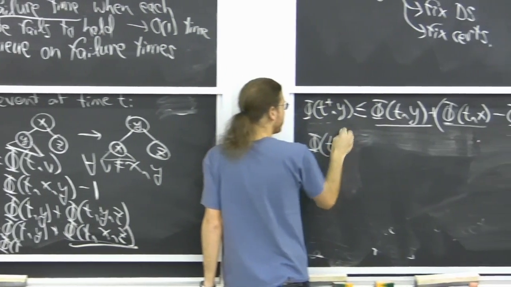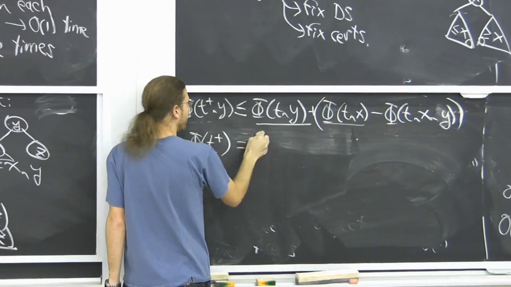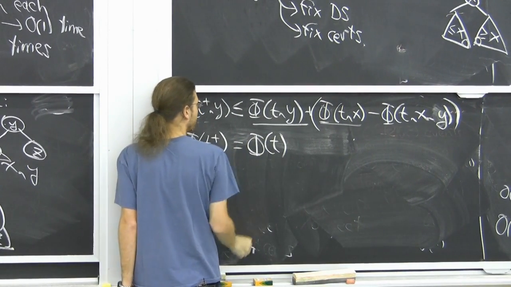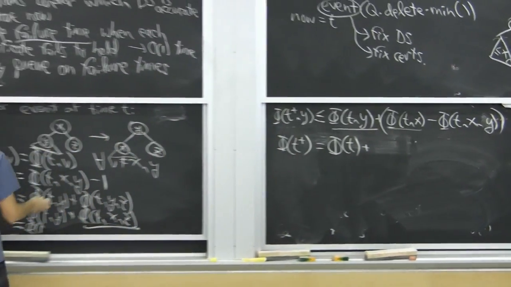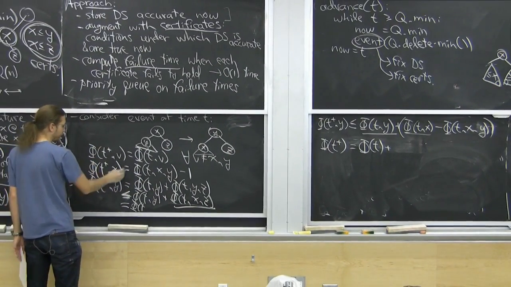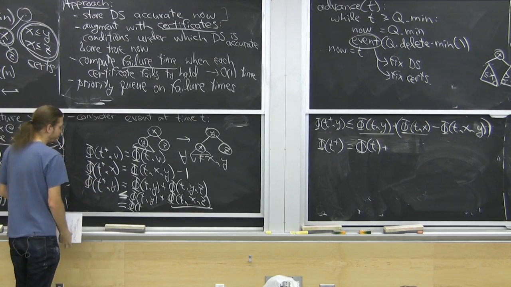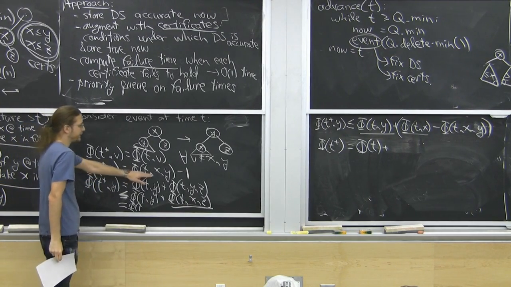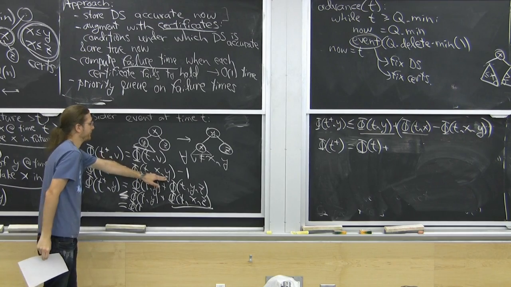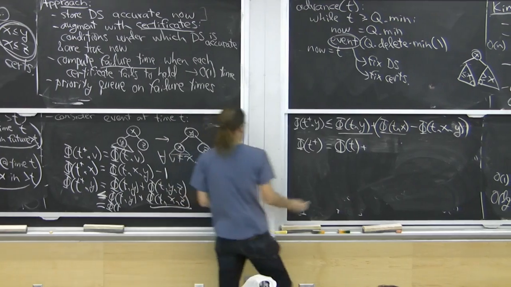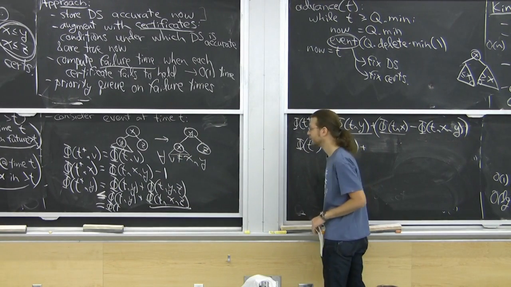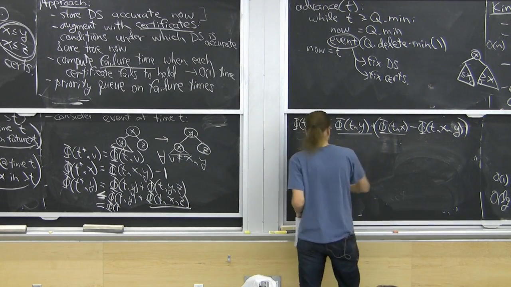So we want phi of t plus is phi of t plus something. How it changes is, well, how does phi of t prime x change? Well, it went down a lot. It went all the way down to phi of txy. OK, well, actually, we just add these together. Add them up. This is messy, sorry.